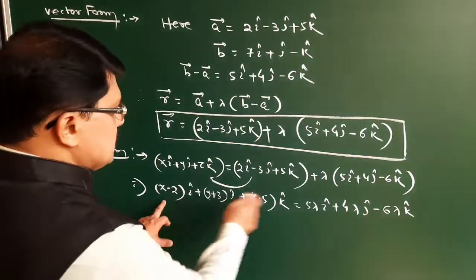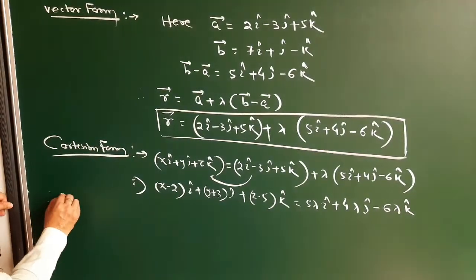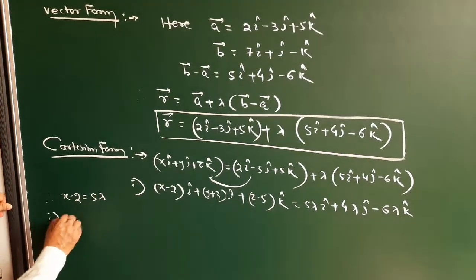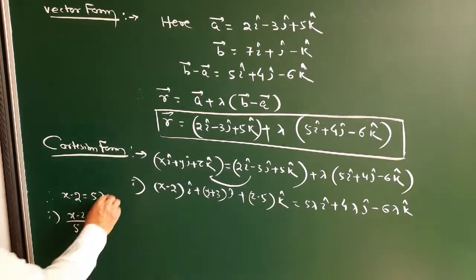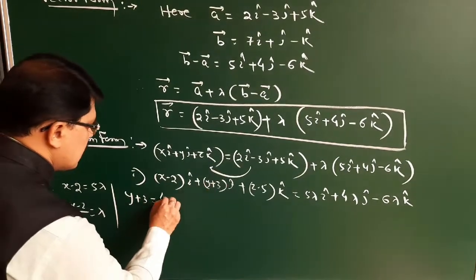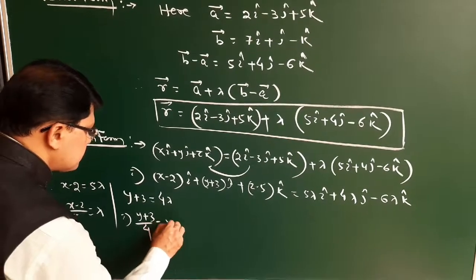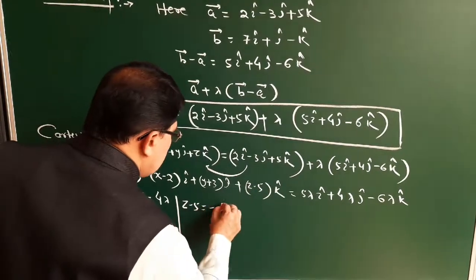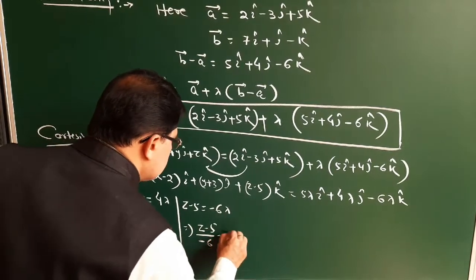Understood? By equating the coefficients, since both vectors are equal, what do you get? x minus 2 equals 5 lambda, which implies (x minus 2) divided by 5 equals lambda. Similarly, y plus 3 equals 4 lambda, which implies (y plus 3) divided by 4 equals lambda. Again, z minus 5 equals minus 6 lambda, so (z minus 5) divided by minus 6 equals lambda.